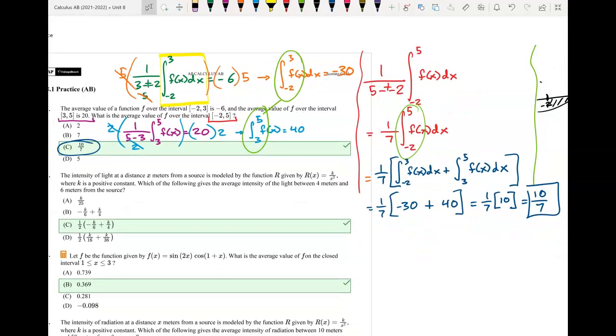There you go. So you have to be able to think outside the box, guys. Think about, what did they give us? I know the formula for the average value. What can I do with the stuff I am given to maybe go forward? You may not know the end result, that that's what you're going to do at the end, but you could have at least said, okay, I don't have a function, but can I set up the formula and maybe do something with it?